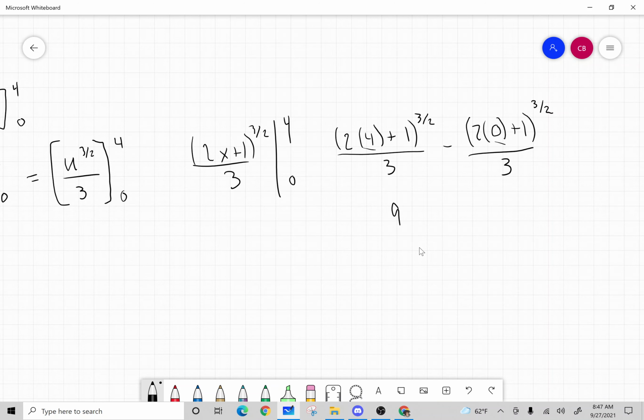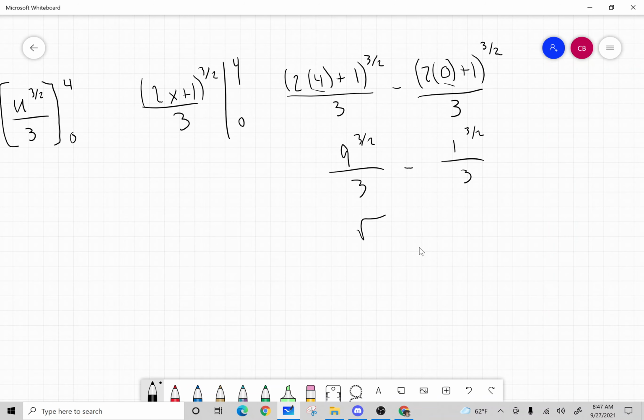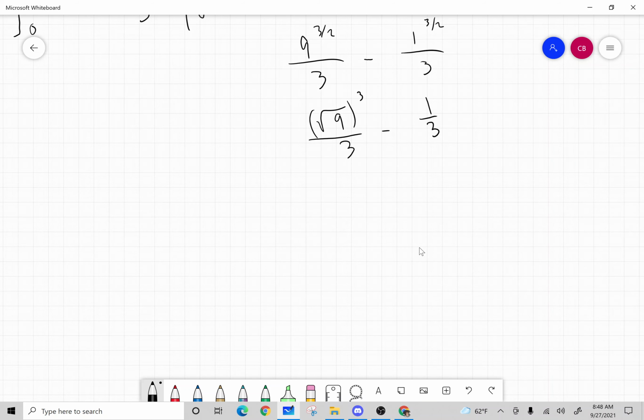This is going to be 9 to the 3/2 over 3 minus 1 to the 3/2 over 3. And this is going to be the square root of 9 cubed over 3 minus 1/3. And so this is going to be 3 cubed, which is 27 over 3 minus 1/3, which is equal to 26 over 3. That's your final answer.